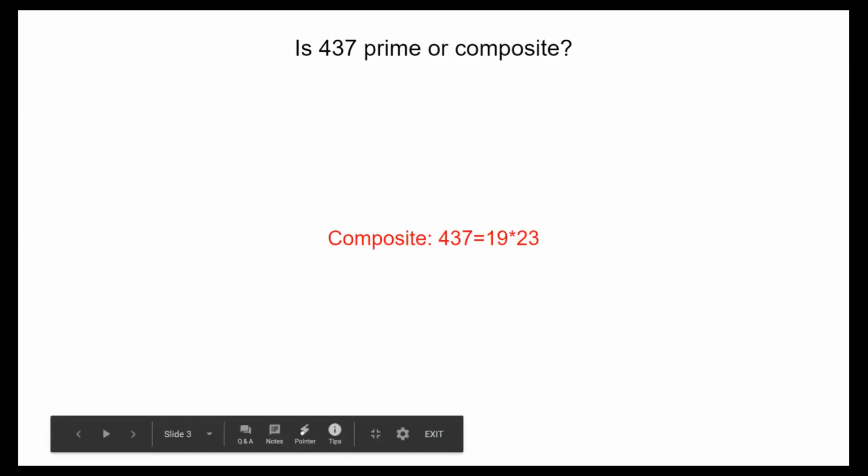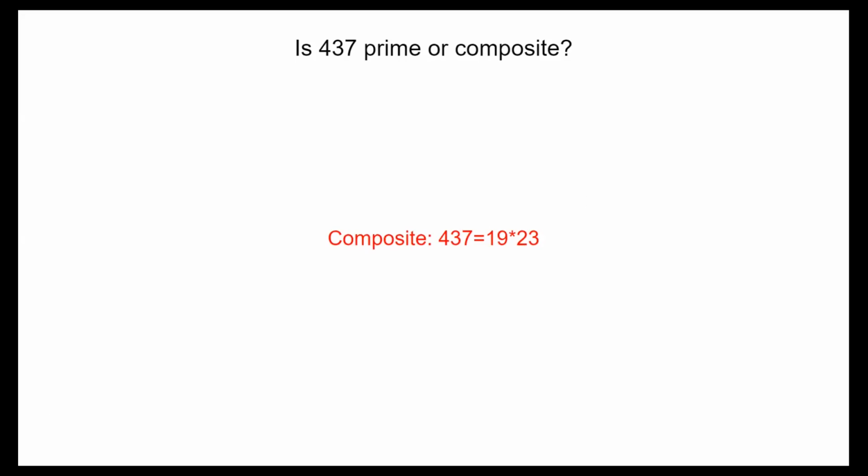Okay, so the answer here is composite. 437 is actually 19 times 23. There basically was no quick way to do this. There is no magic formula, but there are a few tricks you can use. For example, to check if something is prime or not, all you have to do is check that number divided by any prime number.